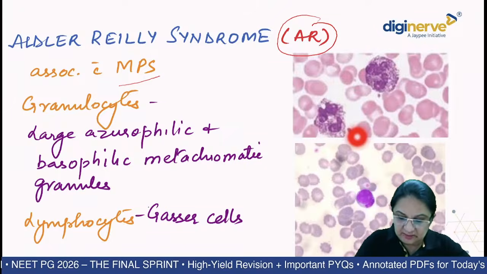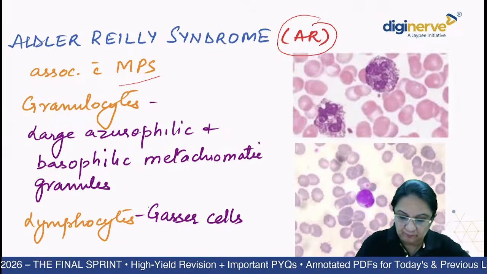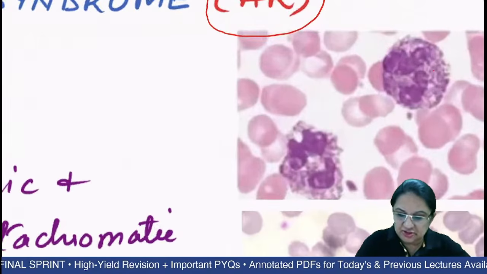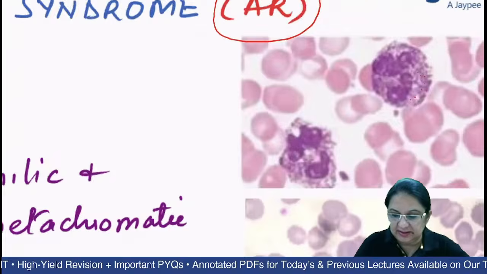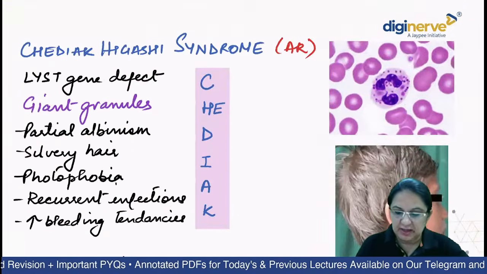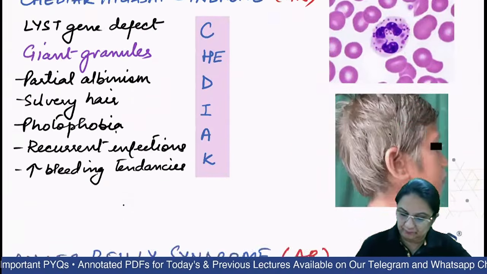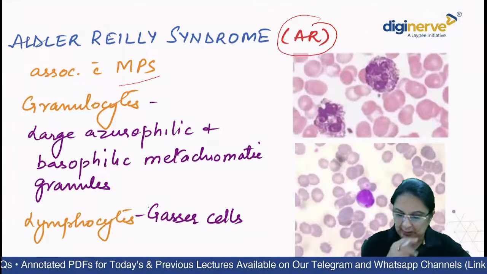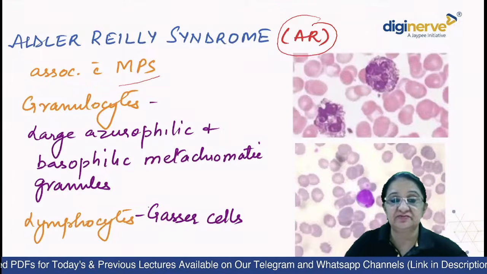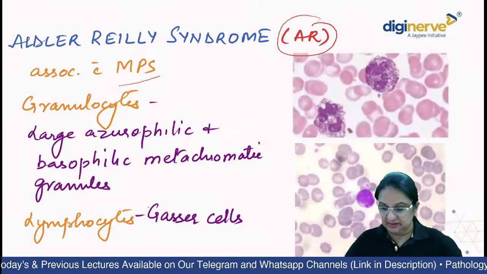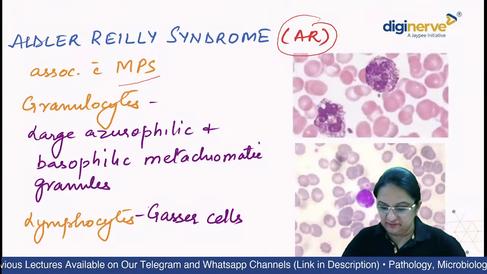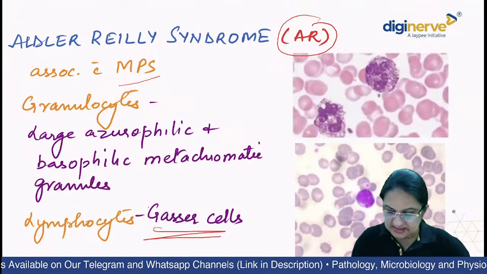See, this is the WBC, large metachromatic granules that will be visible. And what is the characteristic feature that you see in the lymphocyte? The Gasser cell.